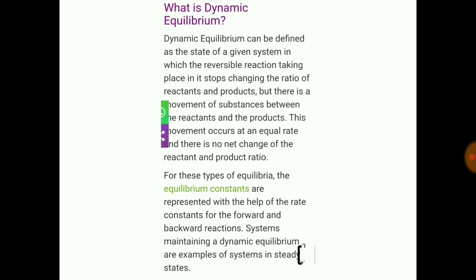On one hand, in this dynamic equilibrium, the reaction stops changing the ratio, but movement of substances between reactants and products takes place. And this movement occurs at an equal rate, where there is no change in the ratio of the reactants and products.